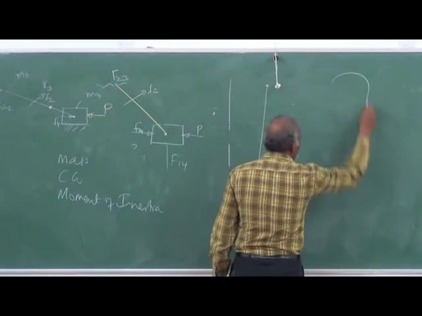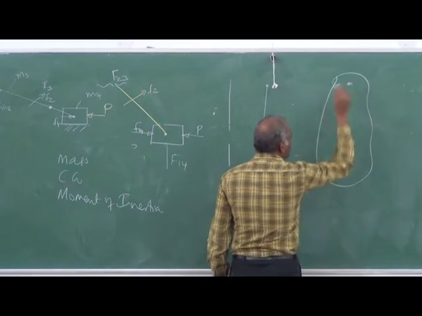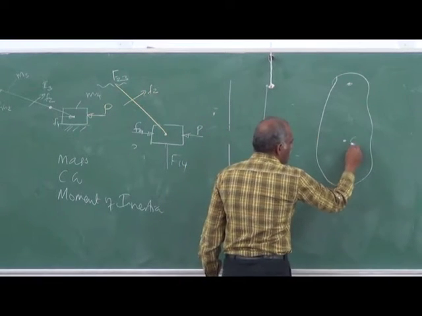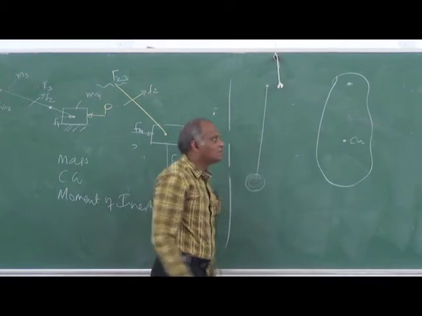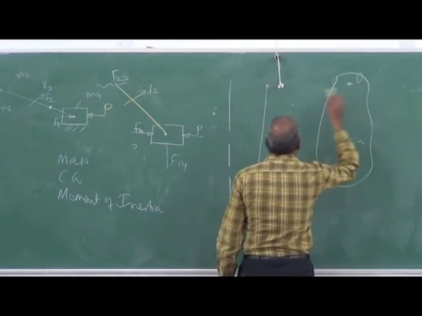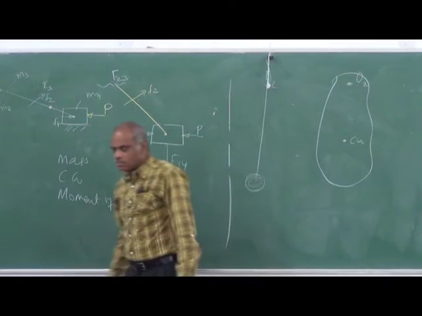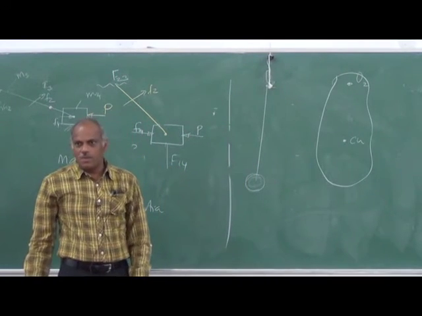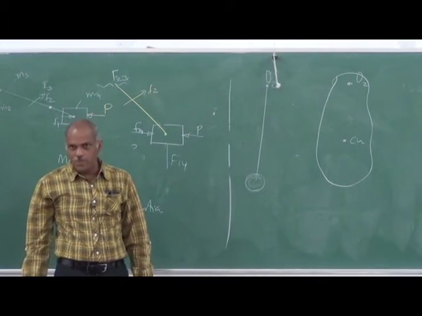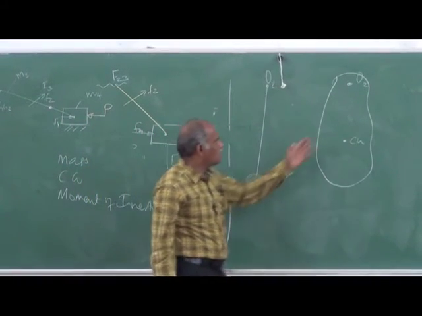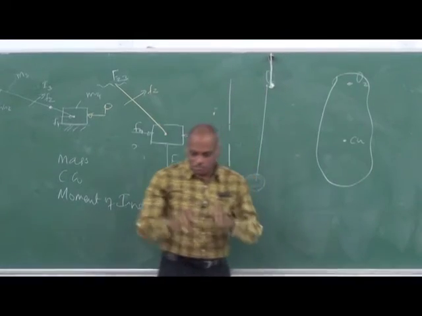Compound pendulum, the mass is distributed, so you can find out the center of gravity for this. This is the oscillation point. The difference between simple pendulum and compound pendulum is, in a simple pendulum, the mass is concentrated at the place. In a compound pendulum, the mass is distributed.